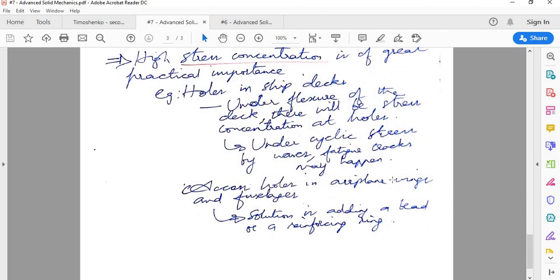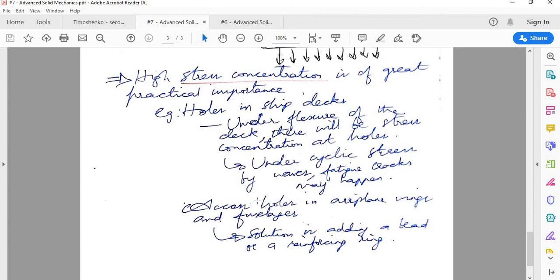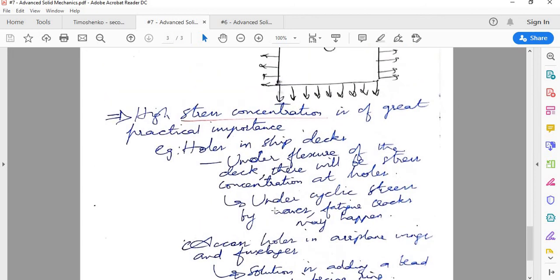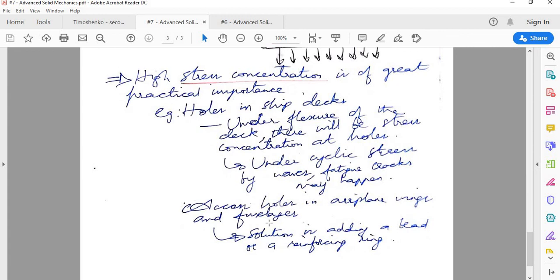Also in aeroplane wings and fuselages, the hole will be a great cause of concern due to stress concentration, and the solution found for that problem is adding a bead or a reinforcing ring around the hole. This is also a topic which some of you can take up, maybe as part of your MTech project. Let me know.